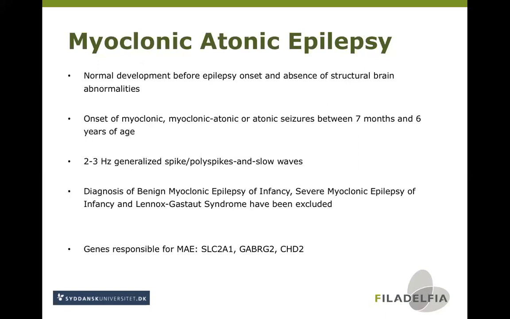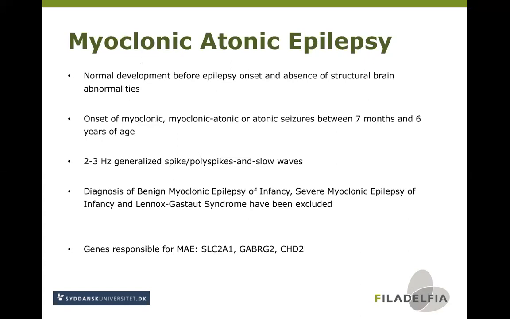So they should develop normally until the onset of the epilepsy. And then there is quite a large range of onset of the epilepsy, which should be with myoclonic, atonic, or myoclonic-atonic seizures.